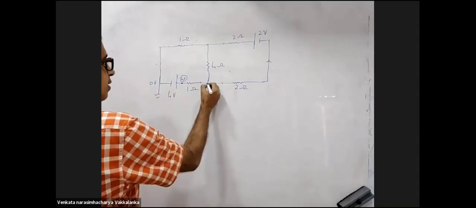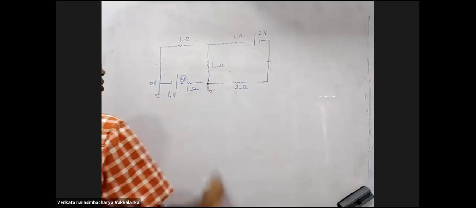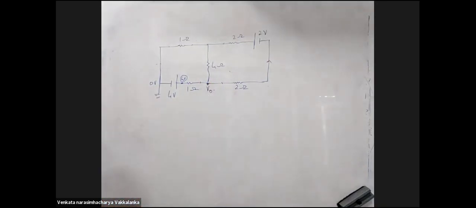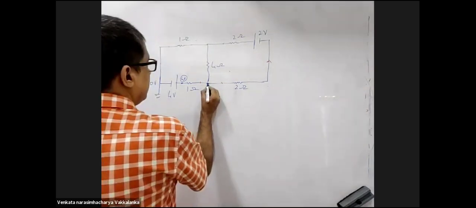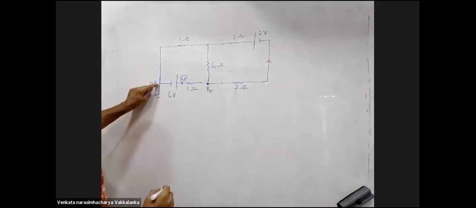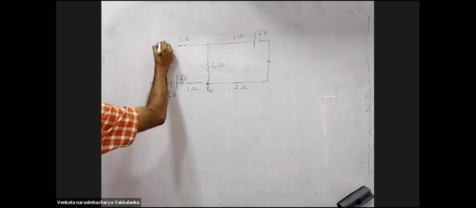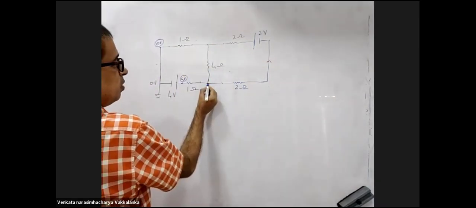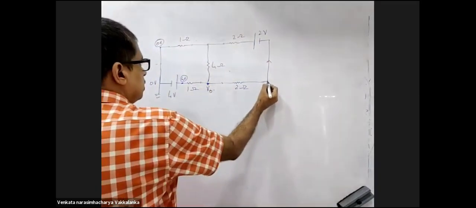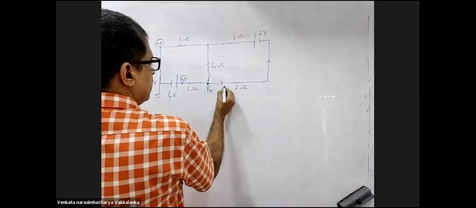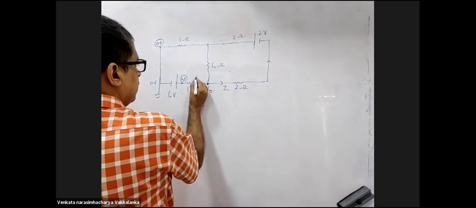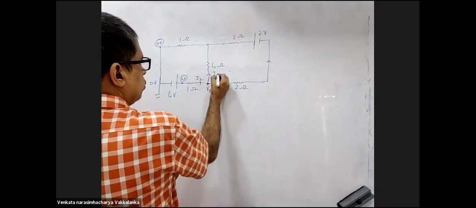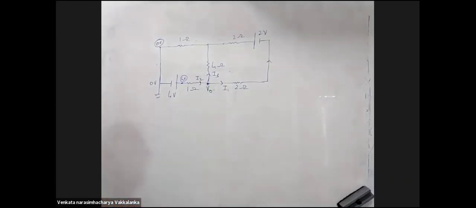Right? Take this to be V0. Have a look at it. This is 0. This will be 0 volts. Take this to be V0, V0, V0, IR. I will take current in this to be I1, current in this to be I2, current in this to be I2. Agreed?